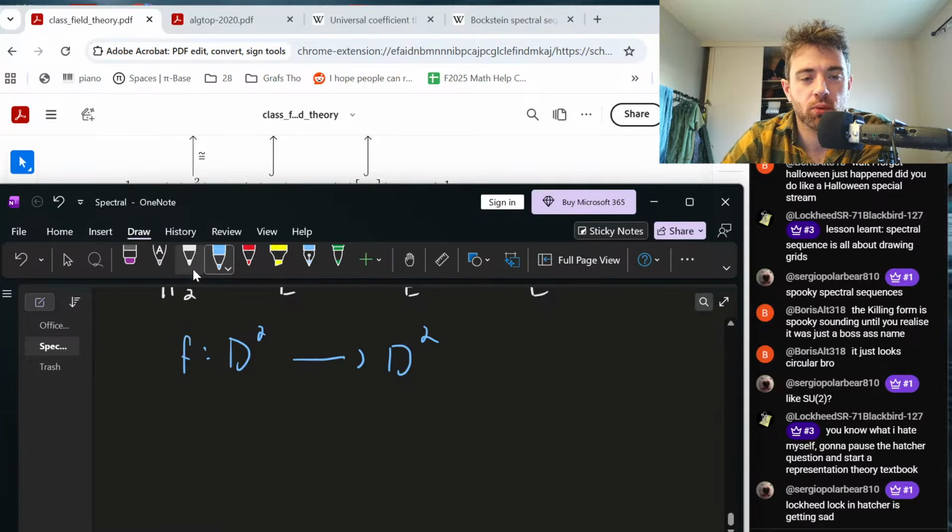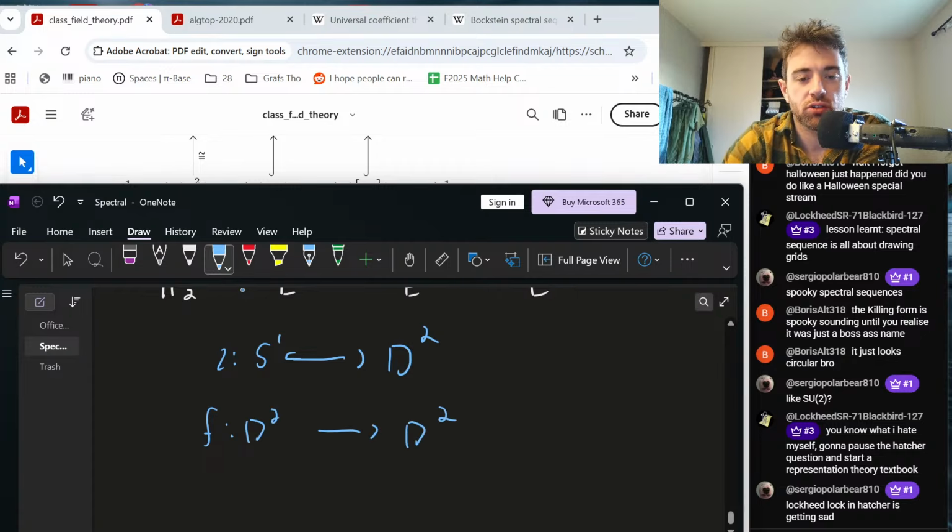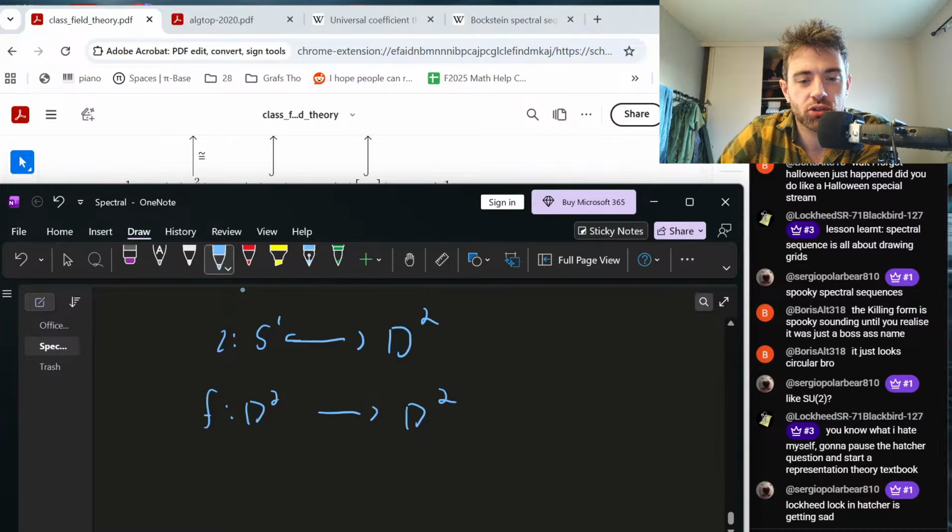You look at the inclusion of the sphere into the disk, and you also consider some continuous map here, and you look at the composition of these two things, and that ends up inducing some map on homology.